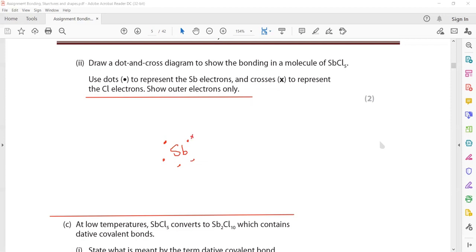Chlorine belongs to group 7, so each chlorine will share 1. So 1 chlorine, 2, 3, 4, and unshared electrons are there for chlorine: it will share 1, and unshared will be 3 pairs or 6 electrons. This is the dot and cross diagram for SbCl5.